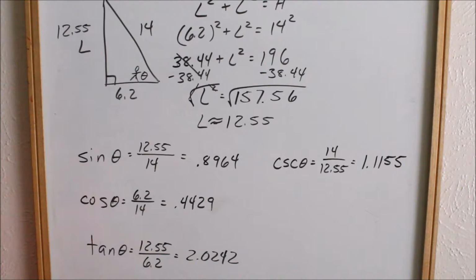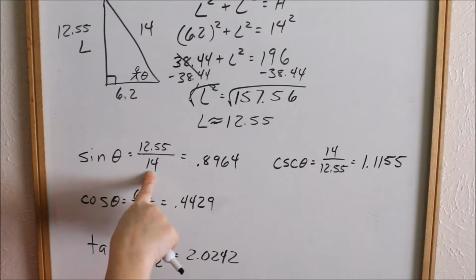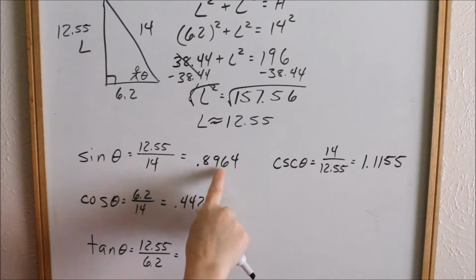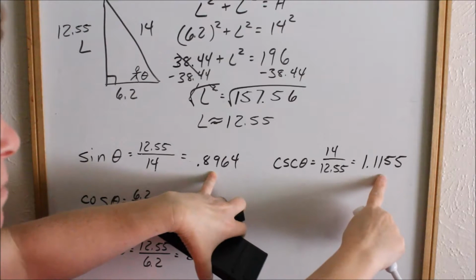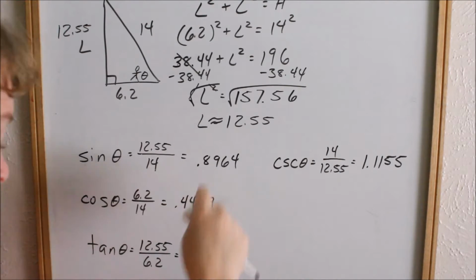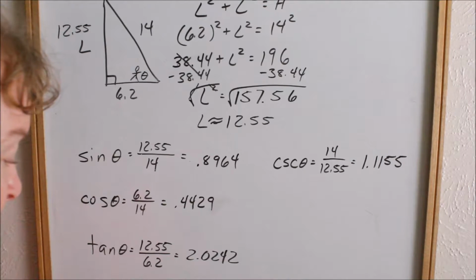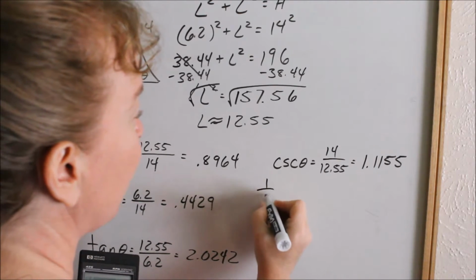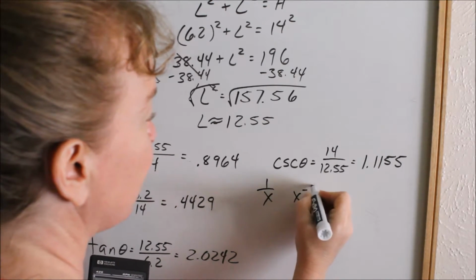Okay, I'm going to give you another tip. If you have just done sine and you get this decimal, these decimals are also reciprocals of each other. So once you get the 0.8964 in your calculator, you can use your reciprocal button. The reciprocal button on your calculator is going to look like 1 over x, or x to the negative 1.